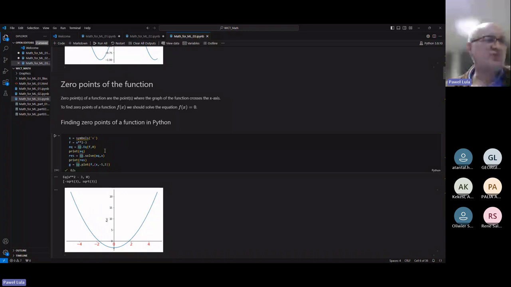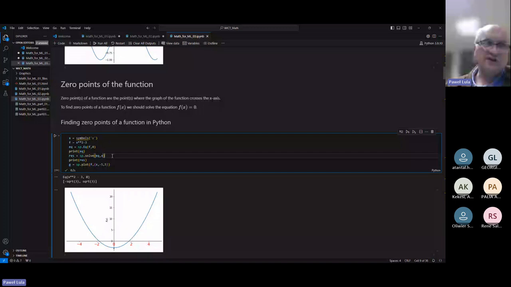So this function was defined here, and we want to solve the equation that this function is equal to 0. And here I printed this equation, so we see x to the second power minus 3 is equal to 0. I'm going to solve this equation. So I use the solve function for solving this equation.